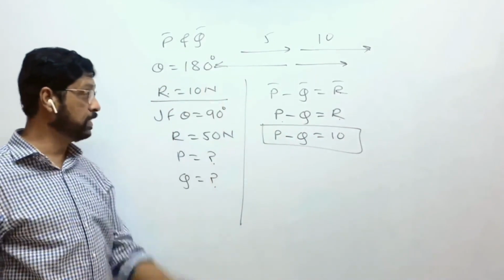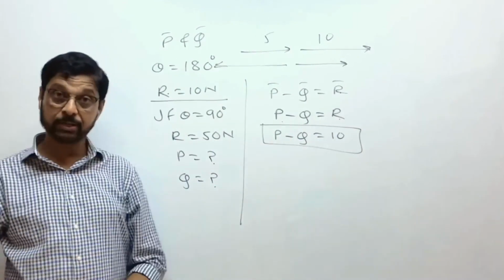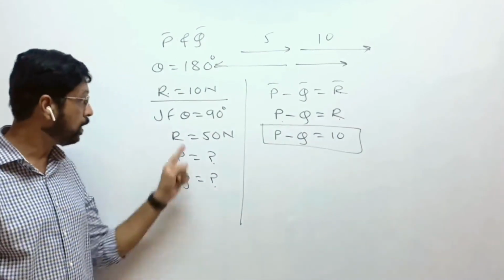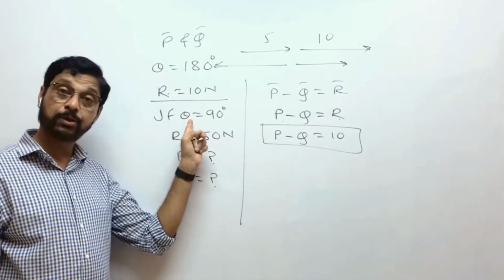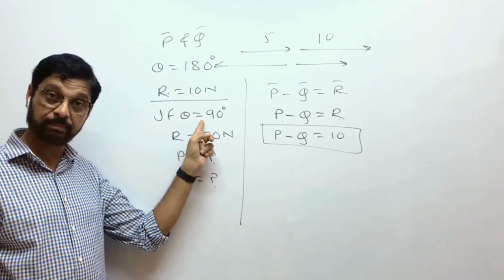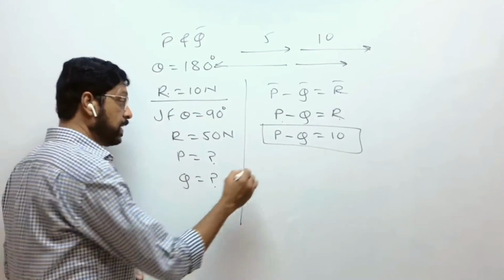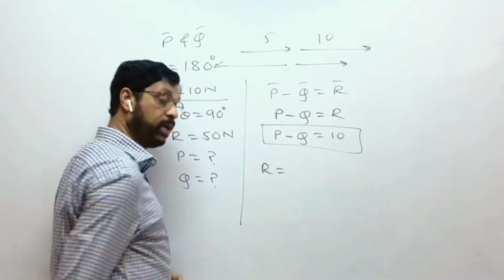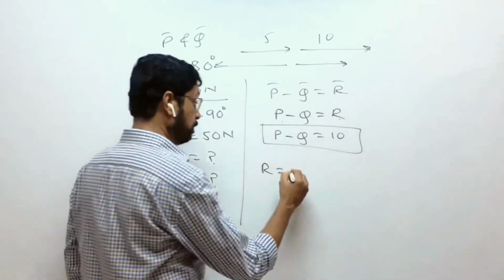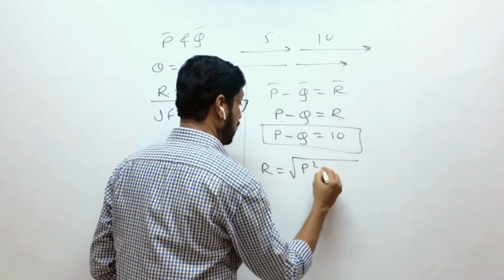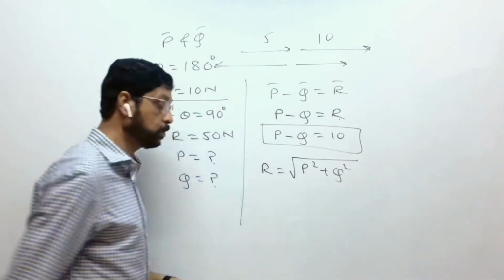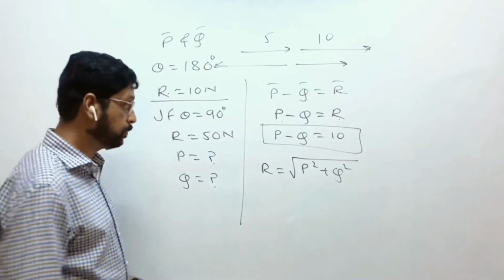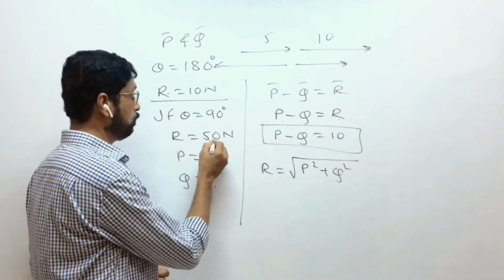So from the first condition you got one equation, P minus Q is equal to 10. Now P and Q are perpendicular to each other. So what will be their resultant? When two vectors are perpendicular to each other, the resultant is under root P square plus Q square. We saw this yesterday. So how much is this R? 50.